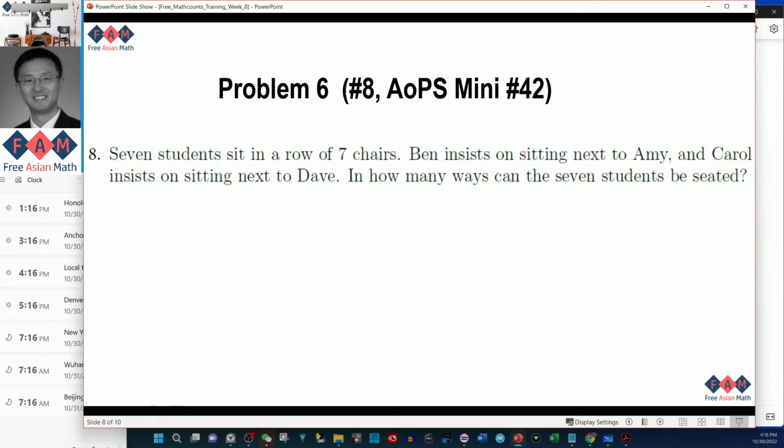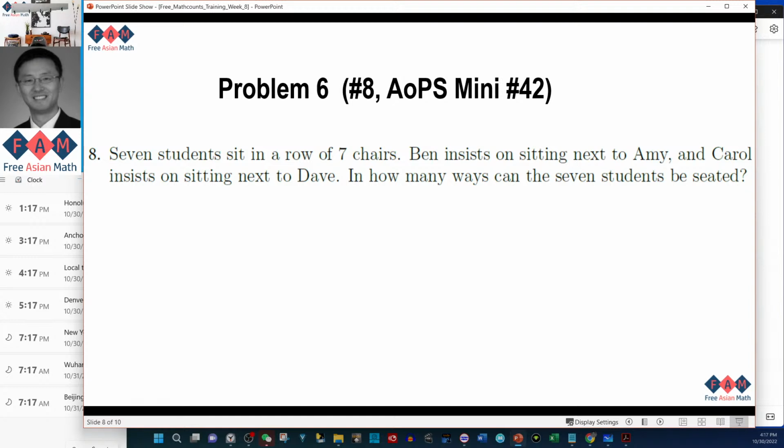Because the 2 have to be next to each other, it serves as a special student, but your total number of students will be 1 less, and the total number of chairs will be 1 less as well, because this special student always takes 2 chairs at the same time. So effectively, you only have 6 chairs, and 1 of them is special, but you don't really care.